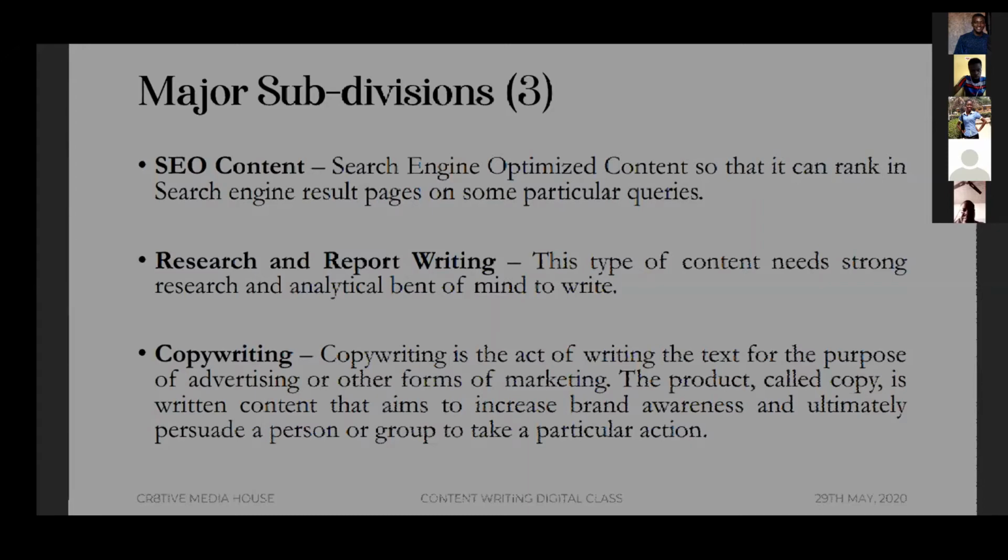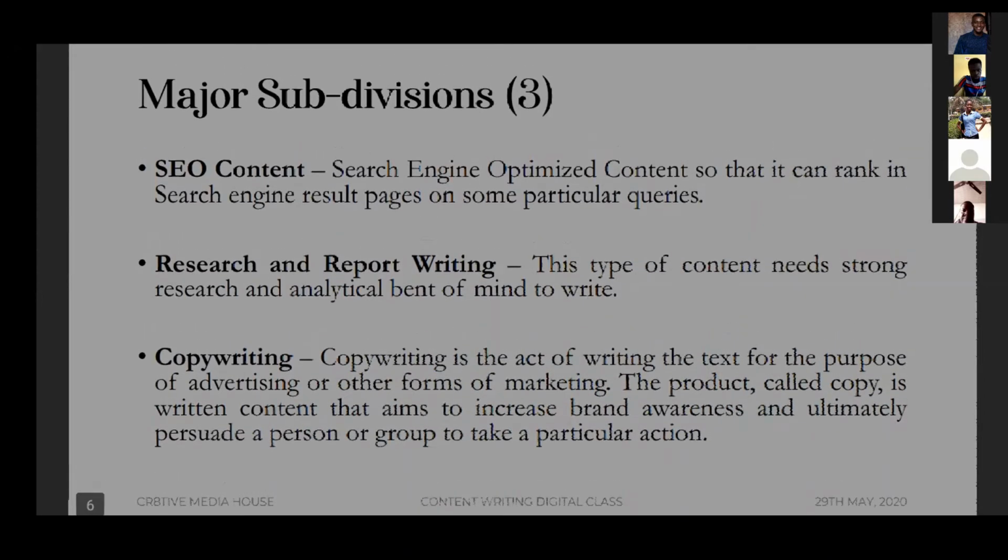So moving on, we have research and report writing. This type of content needs a strong research and analytical bent of mind to write. This is talking about very serious, deliberate, and conscious writing. It's also a part of content, definitely.